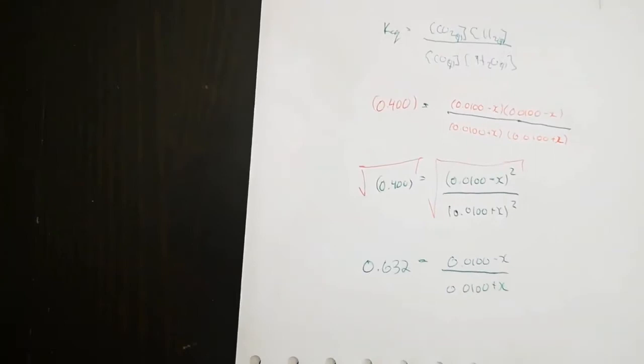The square root of 0.400 is 0.632, I'm going to store that there. That's 0.632 equal to 0.0100 minus X over 0.0100 plus X. So we take the square root of both sides and we simplify.